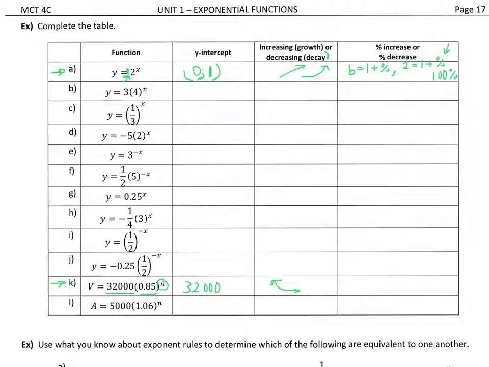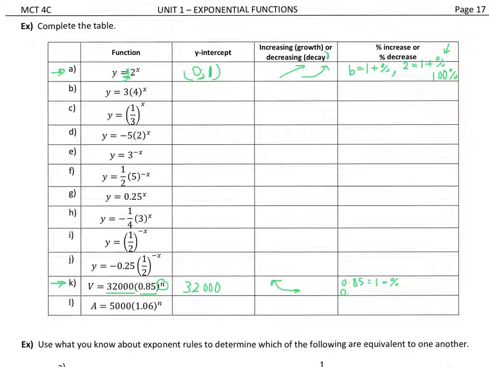And to get my percent decrease, then I would say that 0.85 is going to equal 1 minus the percent increase or decrease. Okay, so I just have a percent symbol there. So if I want to get the percent symbol by itself, I could subtract 1 from both sides.